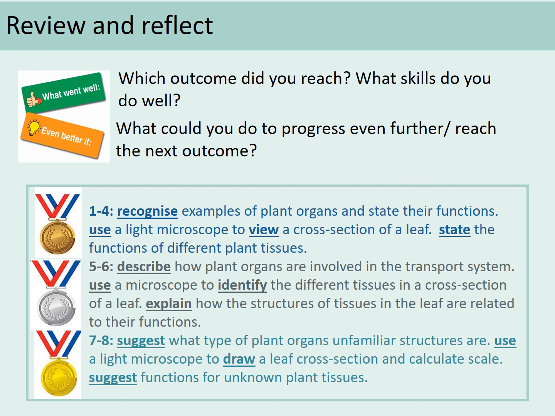For the last one, for 7 to 8, this is if you're given unfamiliar plant organs, thinking about how they would be adapted, and also suggesting functions of unknown plant tissues. So that is if you were given, again, a different plant tissue that you had not covered, how you think it could be adapted. So that's it for week 6.